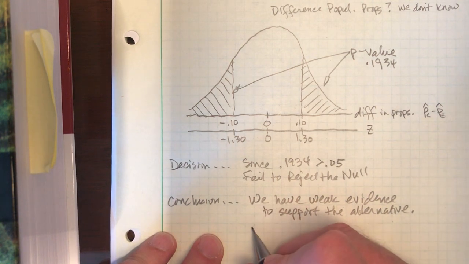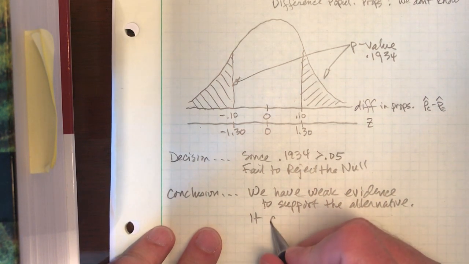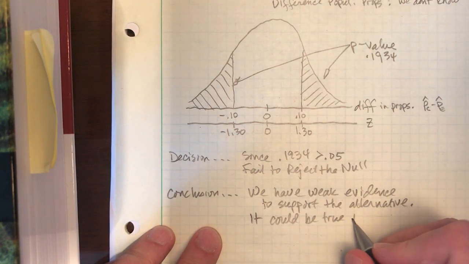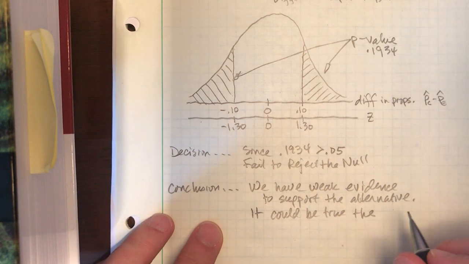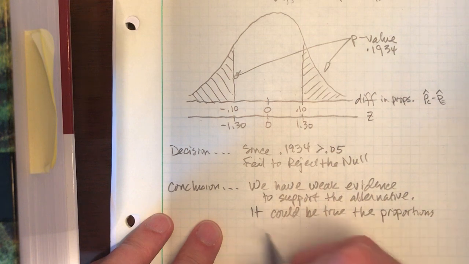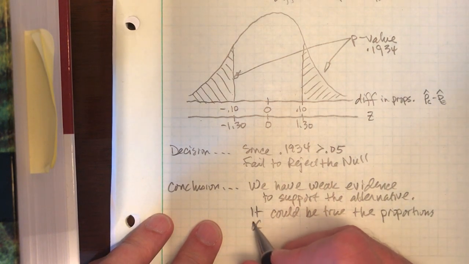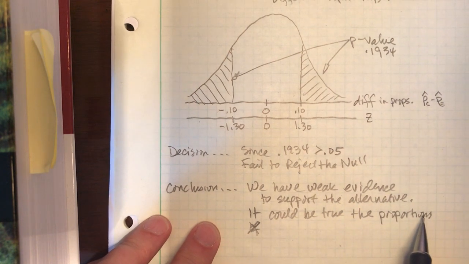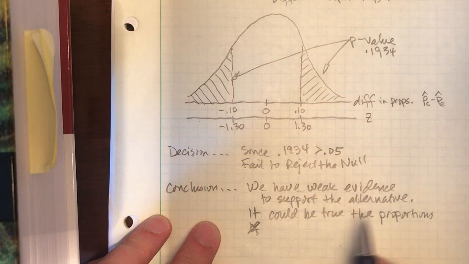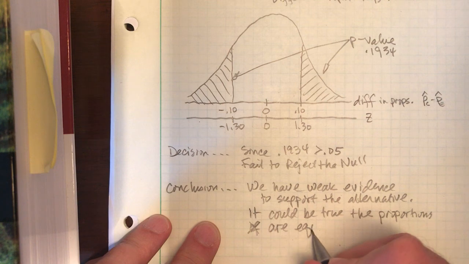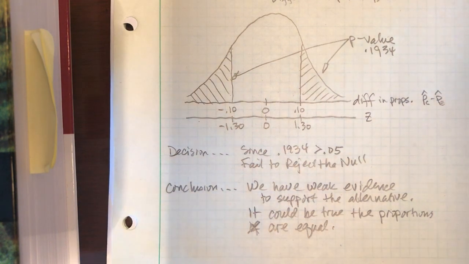And because of that, it could be true the proportions, let me just skip that. Let me just say it out loud. It could be true the proportion of mask-wearing customers and employees are equal. That is what my null is telling me.